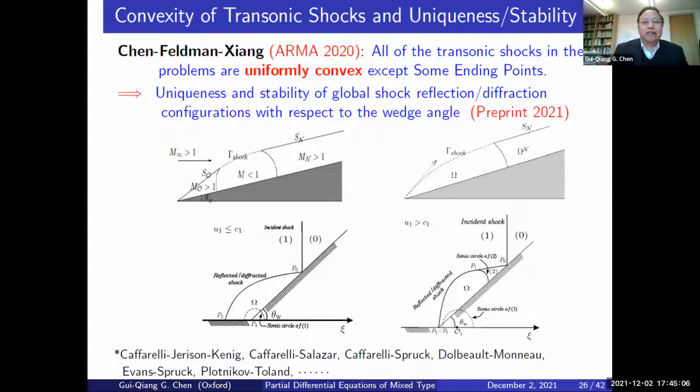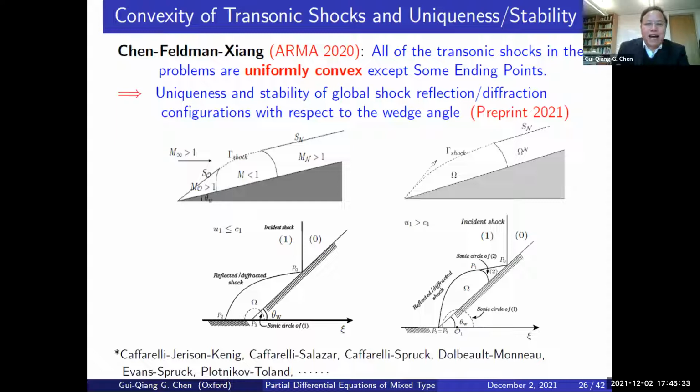So recently, based on this analysis, we can now even prove the geometric properties of all those kinds of transonic shocks, which are basically uniformly convex, except for the ending points. With that understanding, we can now get uniqueness and stability of this global shock reflection configuration.